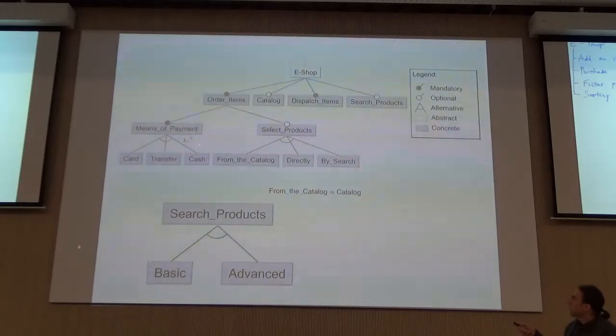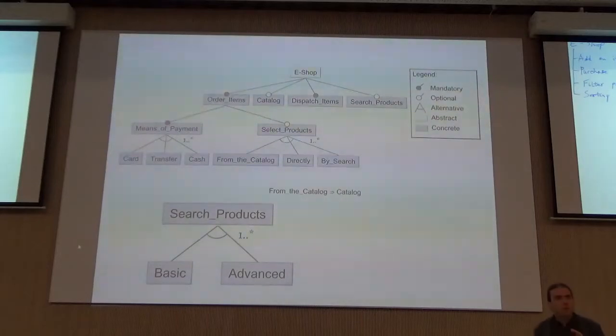So we can see a UML-like notation where we can select one or many features out of those. The same holds for select products, one or many features, not just one. And the same for search products. It can be both basic and advanced, because we are modeling the running system that will provide these features, and we will be able to switch from basic to advanced search.